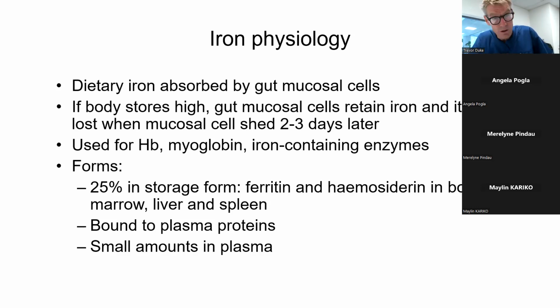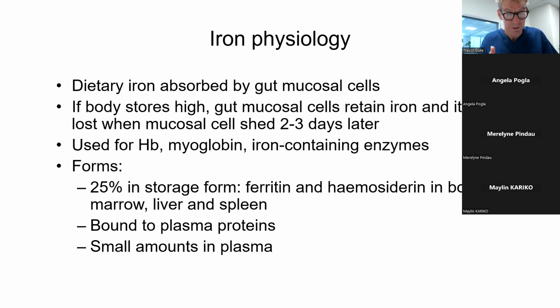It's important to know that iron's not just used for hemoglobin, but also for other enzymes and other proteins within the body. So it's used for myoglobin, which is within muscles, and also iron-containing enzymes, including neurotransmitters in the brain. And that's why I think some children with severe iron deficiency have cognitive impairment.